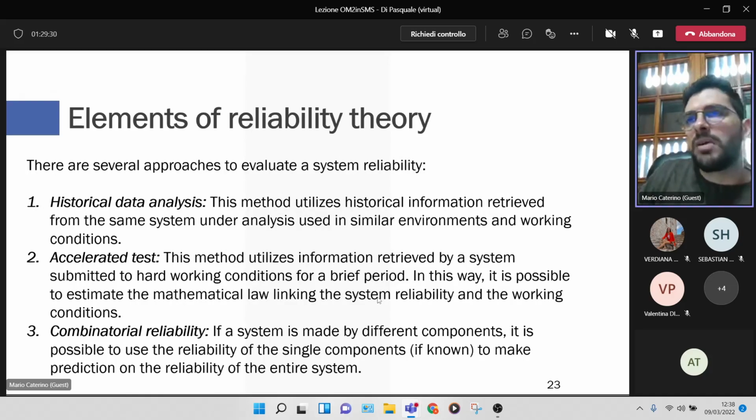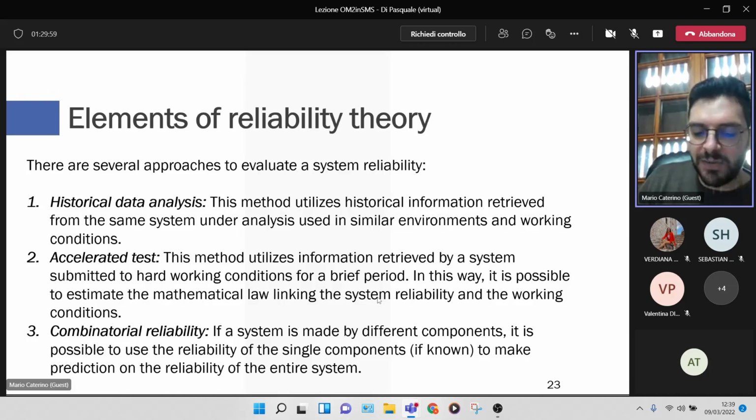Now, how can we obtain information about the reliability of a system? There are three possible ways. The first one is an analysis of historical data. This method uses historical information retrieved from the same system under analysis, used in similar environments and working conditions.